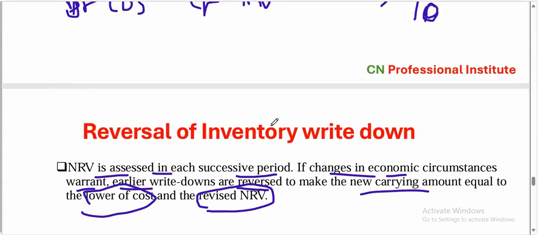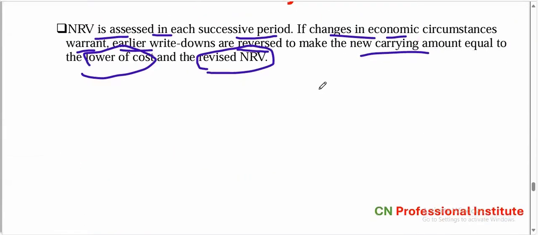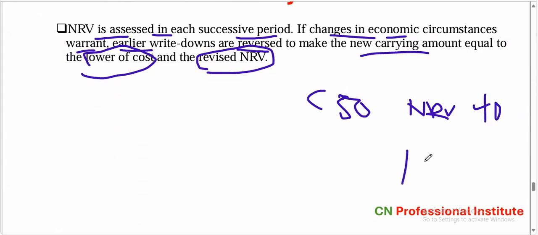So looking at the previous example, cost was 50, and the NRV was 40, right? So we recorded a write down of 10. Now let's say the following year we have reassessed the net realizable value, and it has gone up.